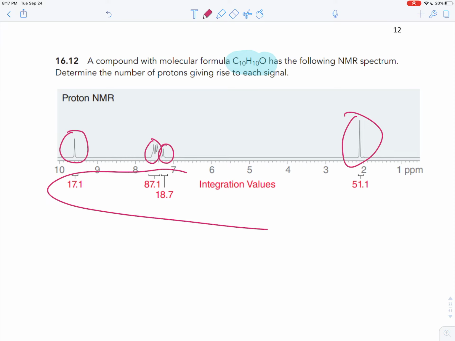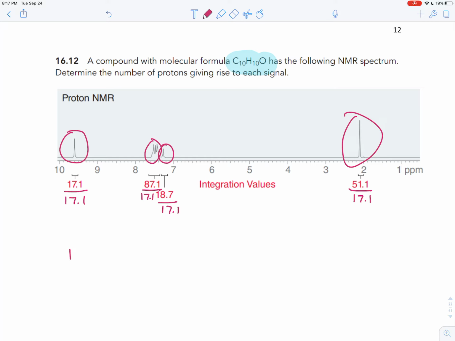Okay, they give us these weird, non-intuitive numbers. The computer spits those out. So to make those more intuitive, we divide them all by the smallest number that they give us, and that's 17.1. So 17.1 divided by 17.1 is 1.